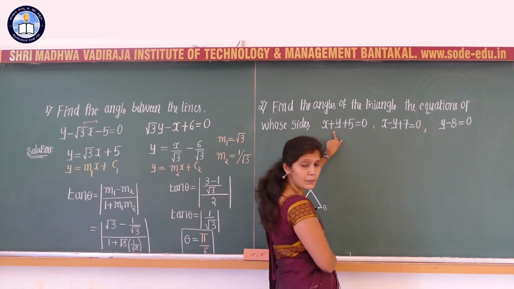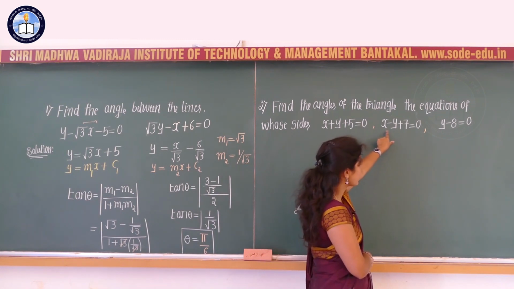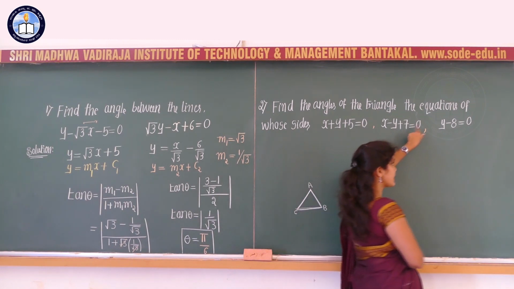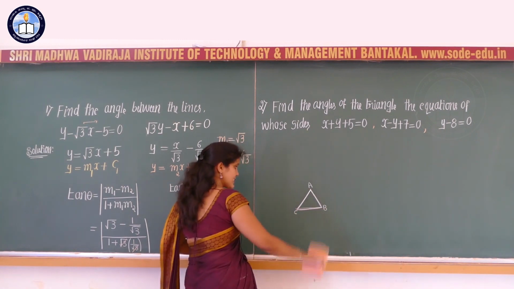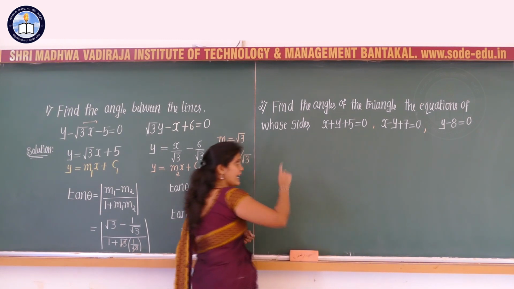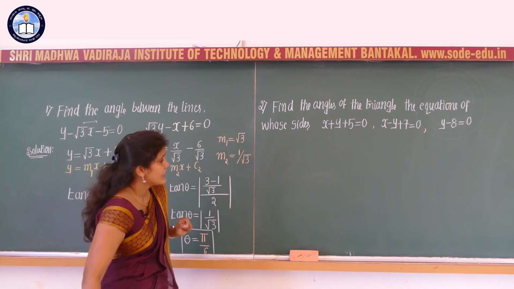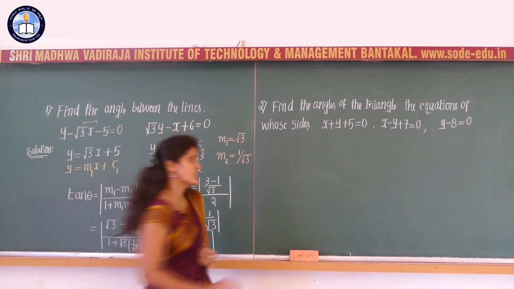First side is nothing but x plus y plus 5 equal to 0. Second side is x minus y plus 7 equal to 0. Third one is y minus 8 equal to 0. For these 3 sides, if the sides are given, how to find out the angles of the triangle? And the equations are given in which form? Equations are given in the general form.